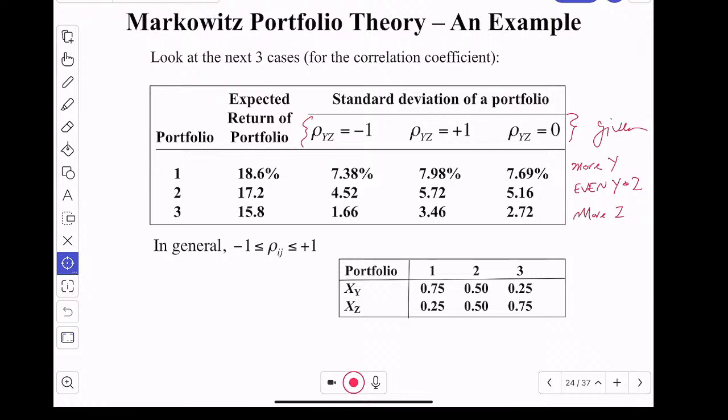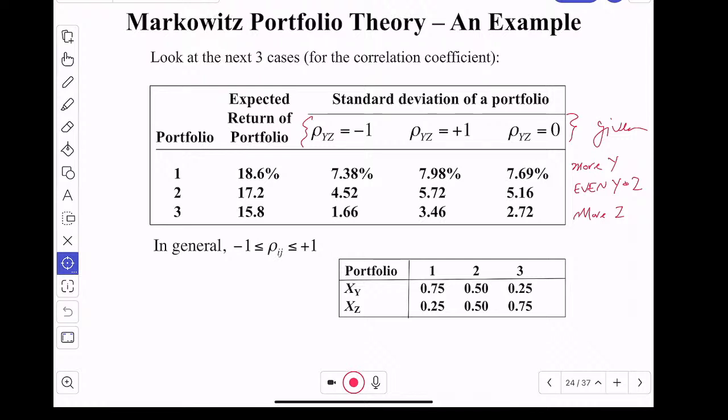And it demonstrates that with the weights being mostly reflecting that you have mostly the risky asset, we see that that has the highest expected return, but it's accompanied by the highest risk when you compare it to the other scenarios.